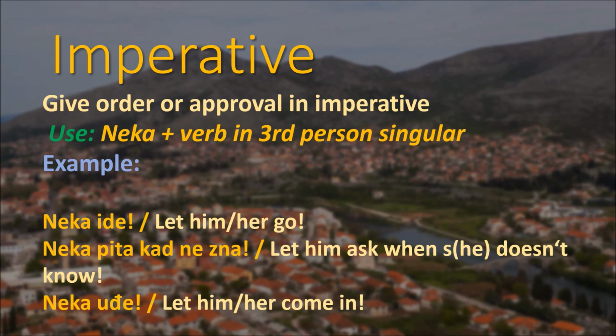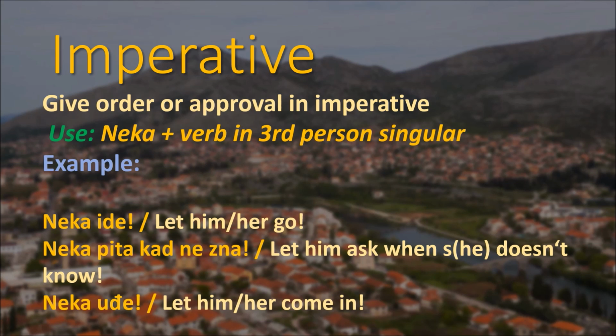Another option when using the imperative in the Bosnian language is to give an order or approval in imperative. We can use "neka". "Neka" is equivalent in English to something like "let". It is "neka" plus a verb in third person singular. For example, we have this verb "ići", which is conjugated as "idem, ideš, ide, idemo, idete, idu".